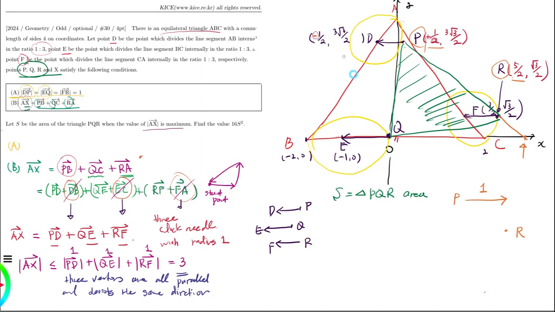Okay, it's a negative sign here. So from P to R, we have to go positive 2 along the x-axis, and then negative 3/2, negative square root of 3 along the y-axis.